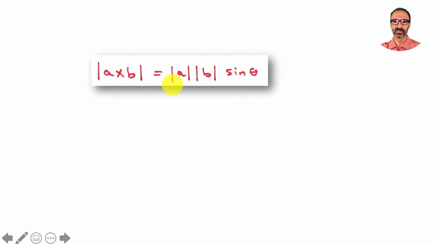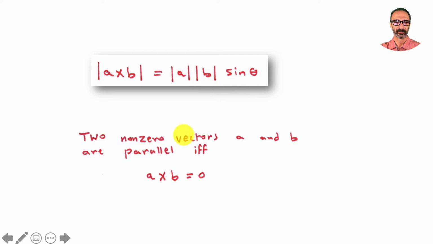So since we have this, for two non-zero vectors A and B, they will be parallel if and only if the cross product is 0.